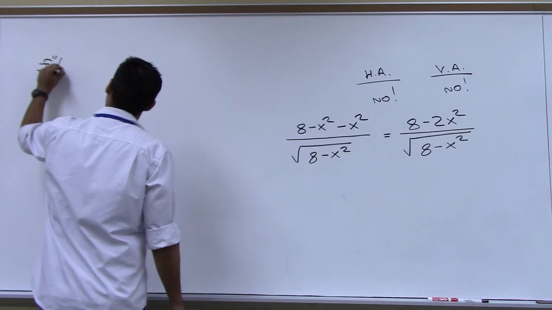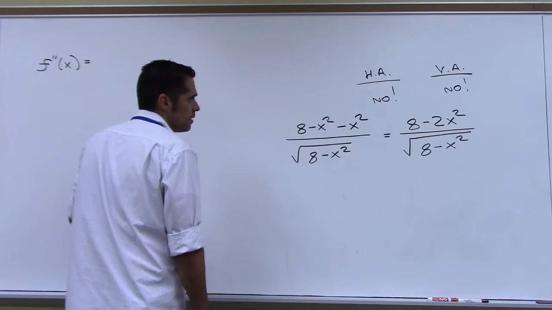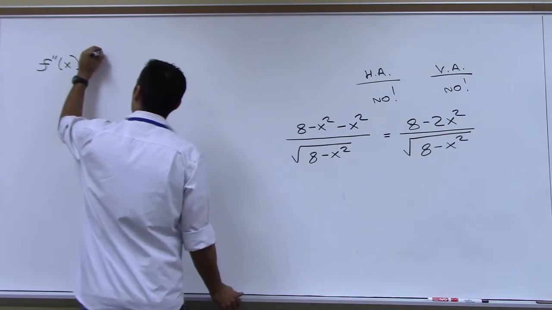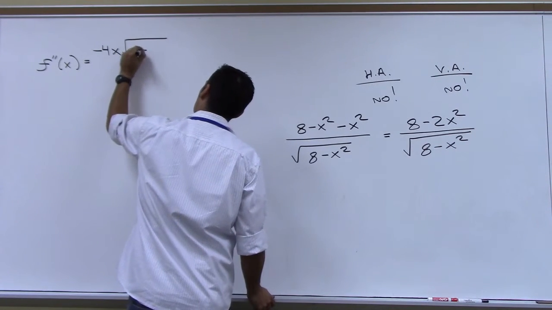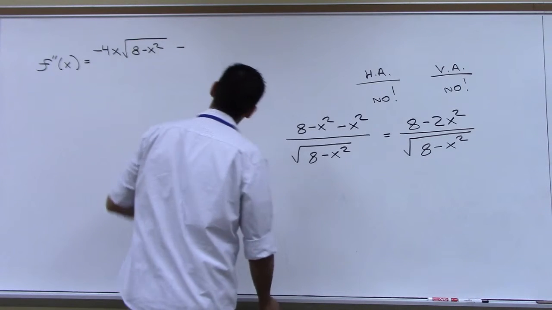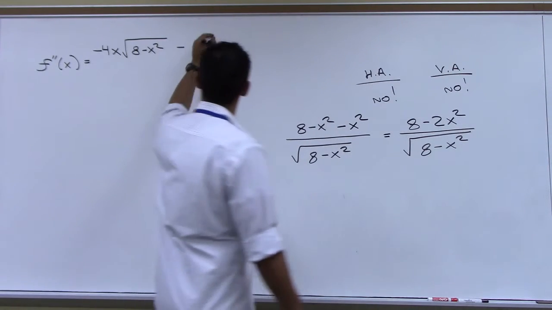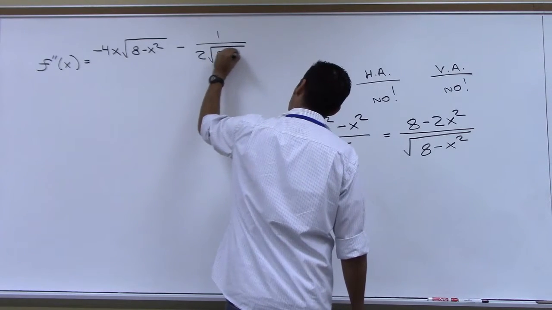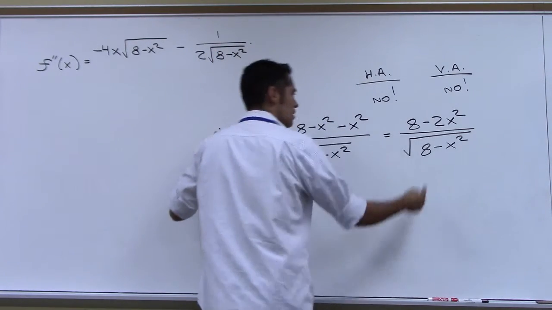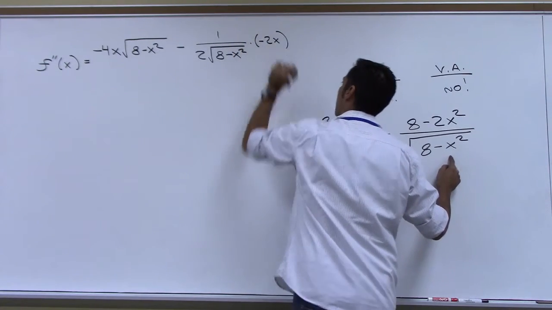Second derivative is, all right, derivative of the top, what's that? Negative 4x times the bottom, which unfortunately is that root, minus, now the derivative of the bottom is, what's the derivative of the square root of something? 1 over 2 roots of 8 minus x squared times the derivative of what's inside of it, negative 2x.